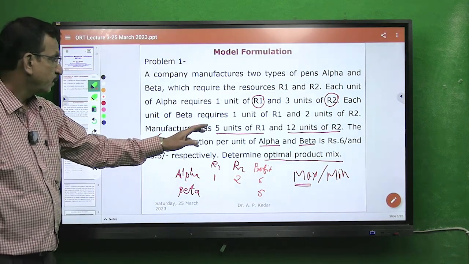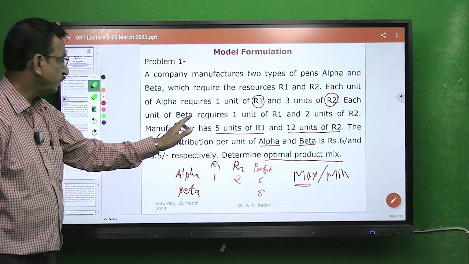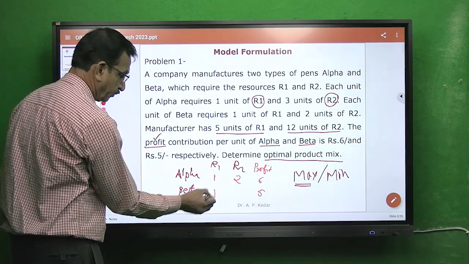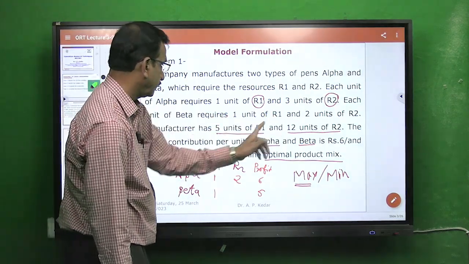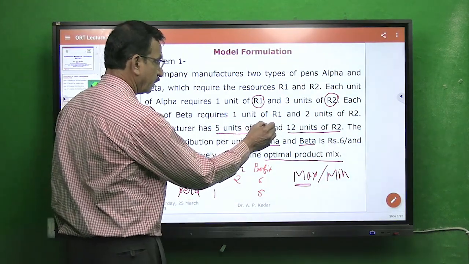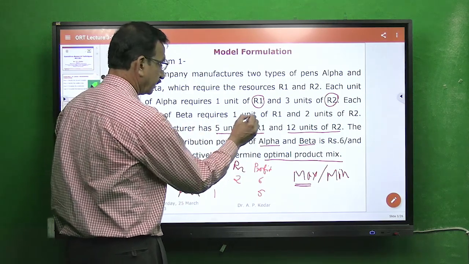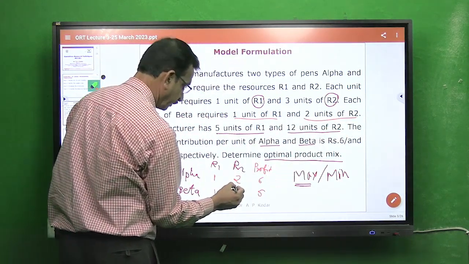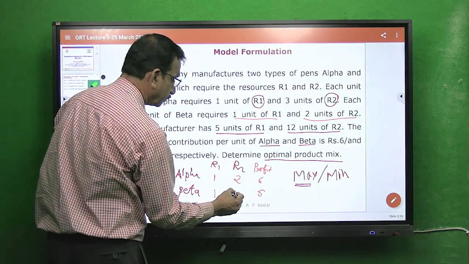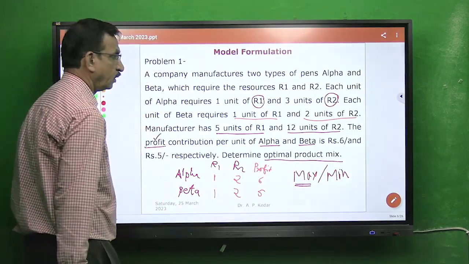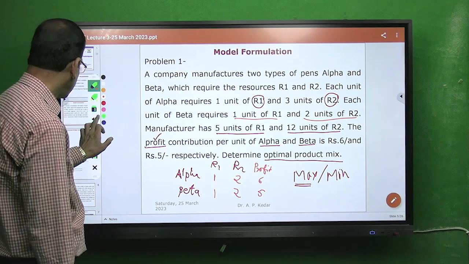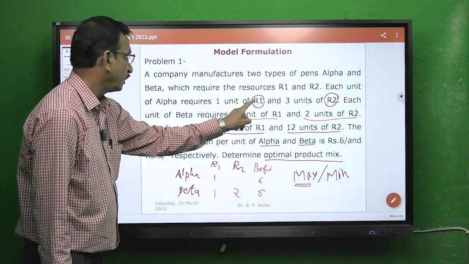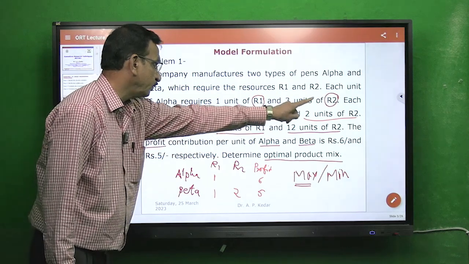Similarly, each unit of beta requires 1 unit of R1 and 2 units of R2. Here we have written it in a wrong way; it should be 3 units of R2.